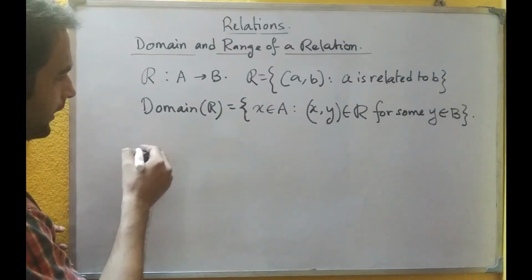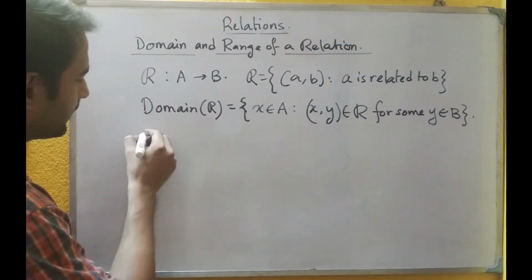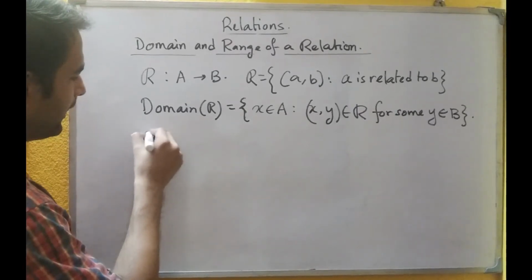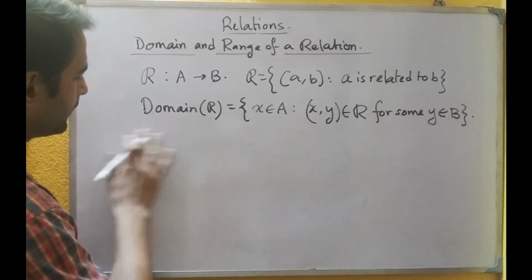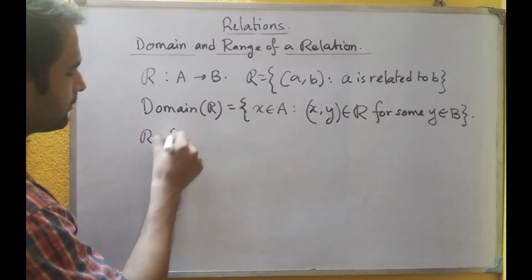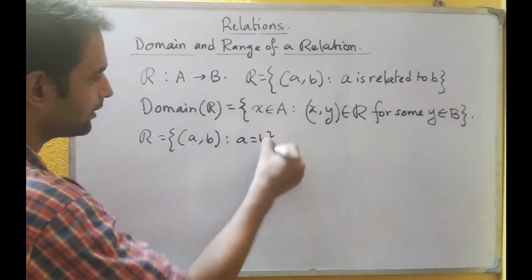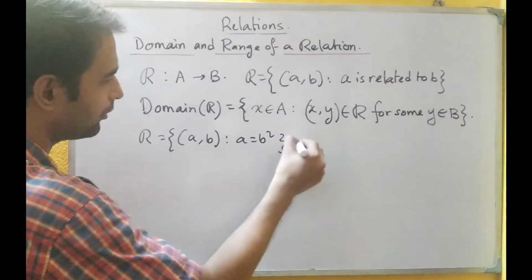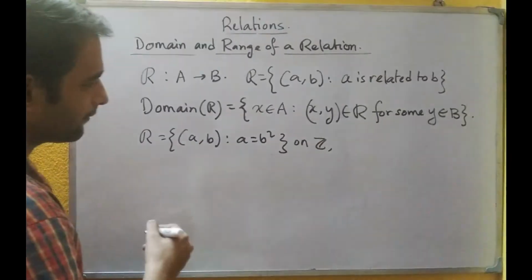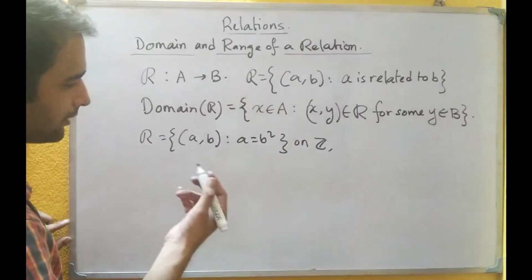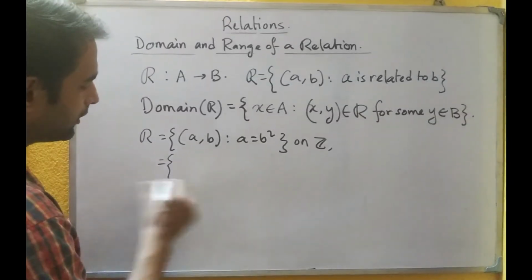So in the previous relation, say A is the square of B, that is R is equal to ordered pair AB, so that A equal to B square on Z. What was the set in roster form?